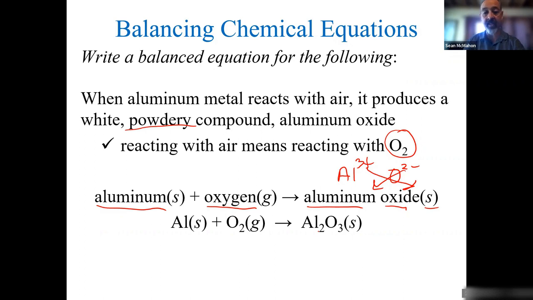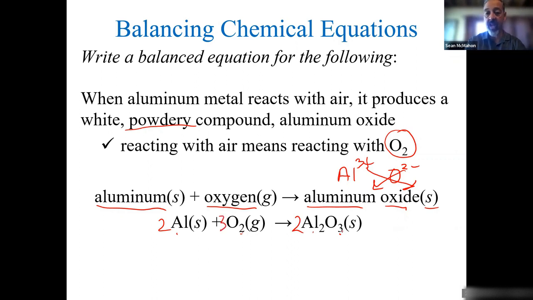Okay, now I need to balance it. For my rules, there might be a little bit of back and forth. I've got 1 aluminum, so I might put a 2 here. I have 2 oxygen and I have 3. Well, what's the common thing that they both go into? They both go into 6. So 3 times 2, 2 times 3.